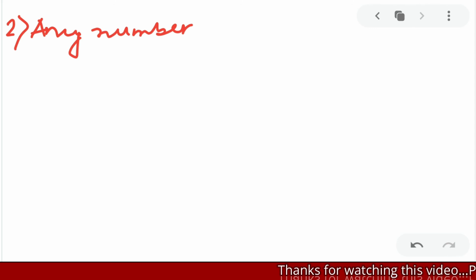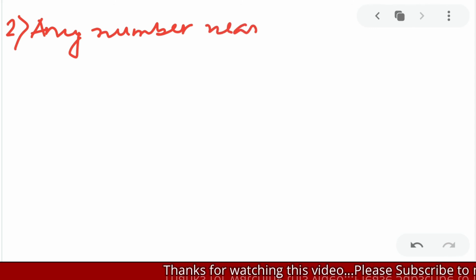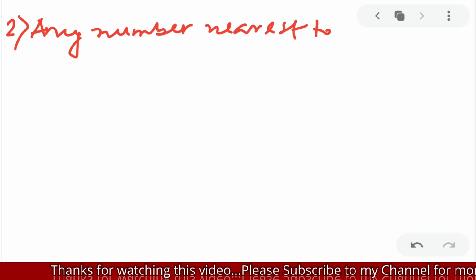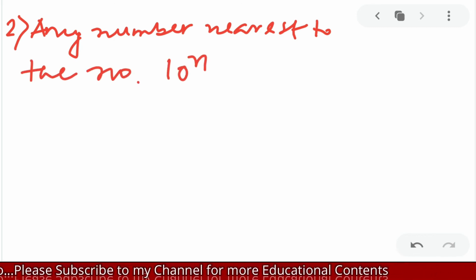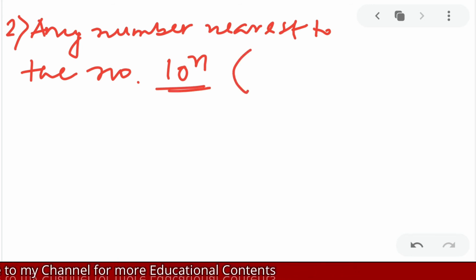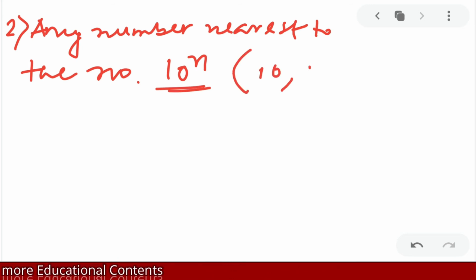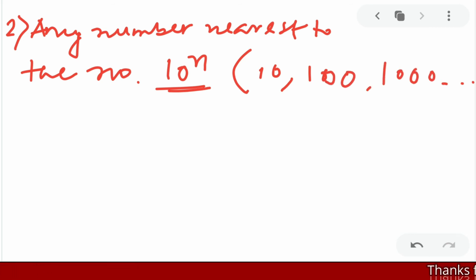Now coming to the second case. What is our second case? It is any number which is nearest to 10 to the power n, for example 10 square, that is 100, 1000, etc. So how will we do this one?